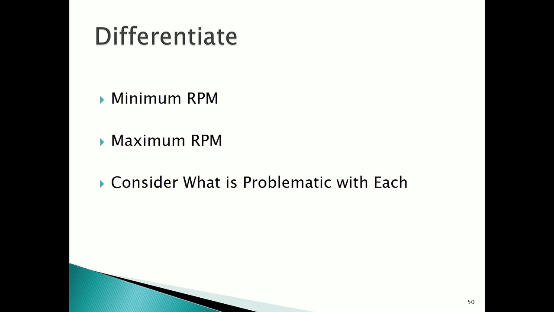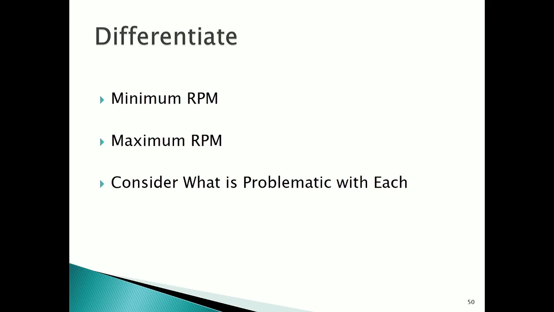Maximum RPM: the good cannot be sold at more than a certain price. What's problematic with that? Sounds like a good thing, right? But what's problematic? Everybody sells it at that price, and it typically softens downward price competition.